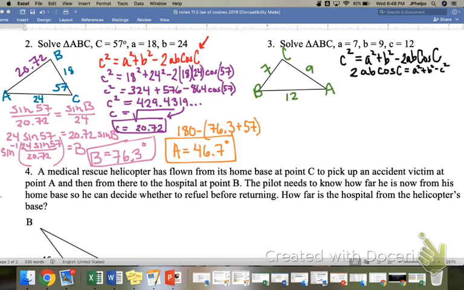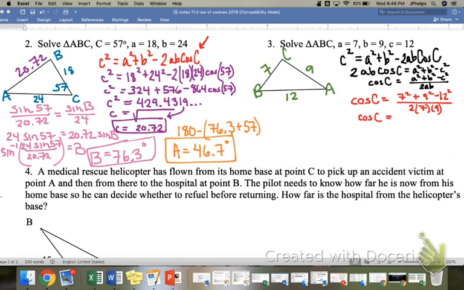If we move 2ab cosine of angle C over to the left side and subtract c squared from the left side, put it on the right side, we can now get rid of the 2ab in front of cosine of angle C, so that we're left with cosine of angle C. This allows us to plug in the three sides A, B, and C so that we can solve for angle C a little bit more quickly.